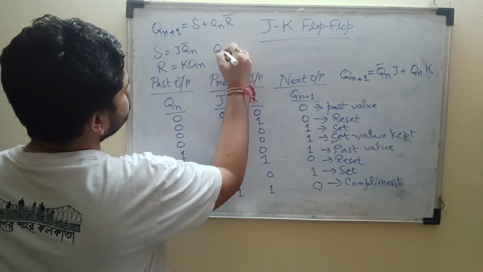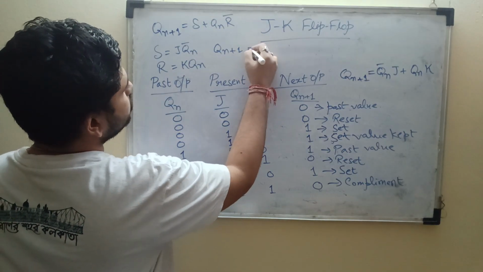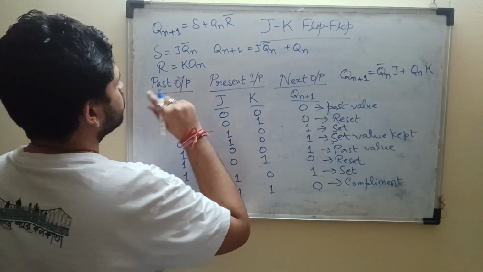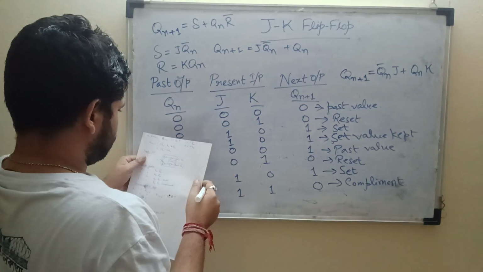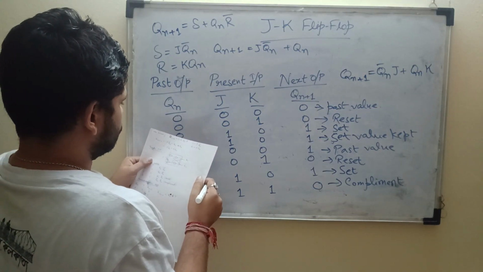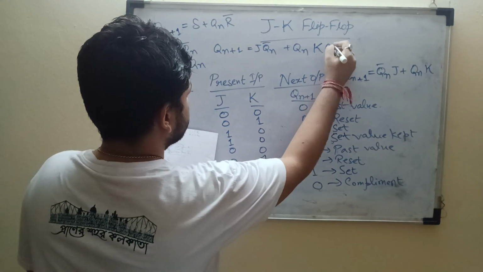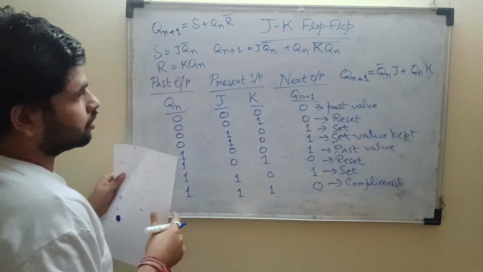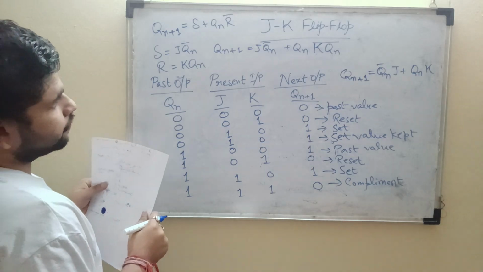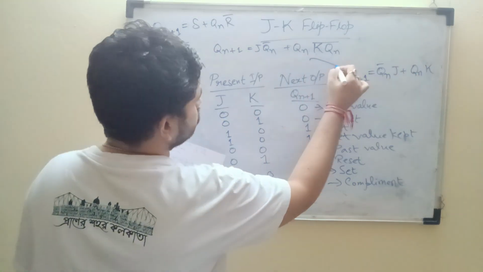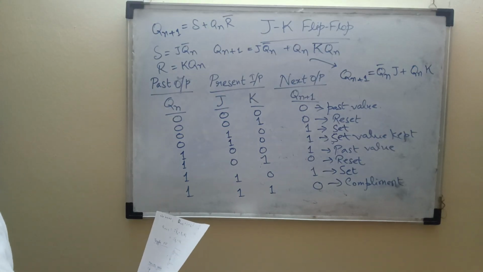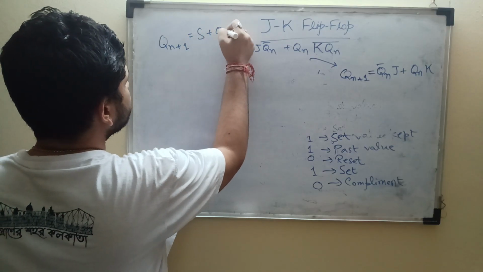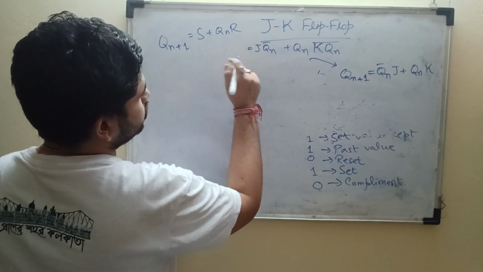So if we put the values in this equation, it will give J Qn bar plus Qn K Qn bar. Correction: Qn plus 1 is S plus Qn R bar, so this will give this one.